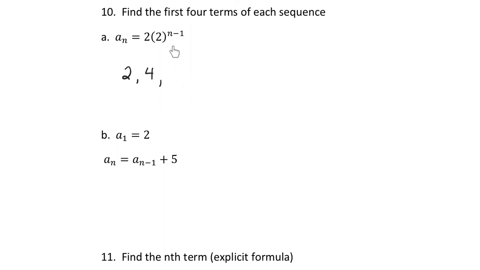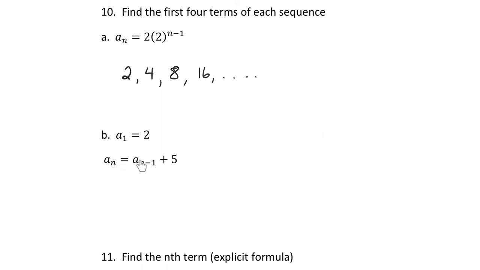For the third term, n equals 3, 3 minus 1 is 2, 2 squared is 4, 4 times 2 is 8. And for the fourth term, 4 subtract 1 is 3, 2 to the third power is 8, 8 times 2 is 16. That's how you find the terms with an explicit formula. You plug in for whichever term you're trying to find. If I wanted to find the 10th term over here, I'd plug in a 10.